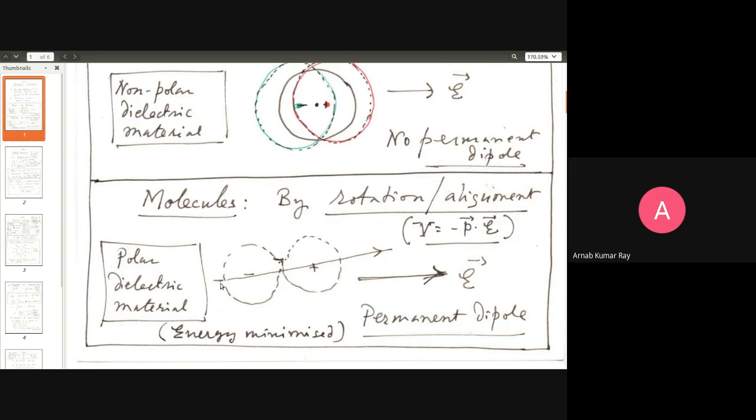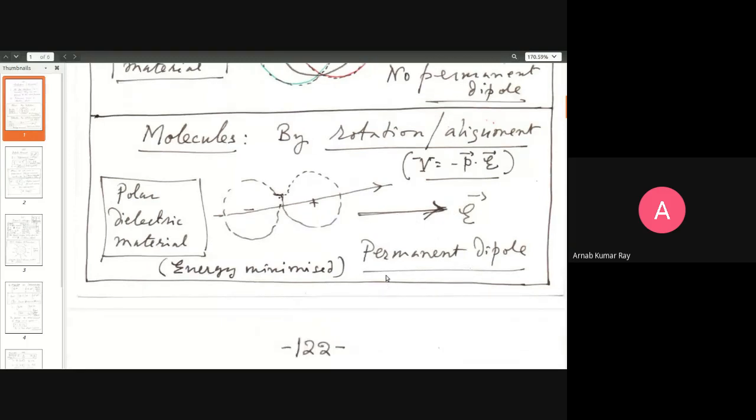This is not a very clear diagram, but it should help you understand this. Follow this discussion carefully. This arrow indicating the electric field is horizontal.